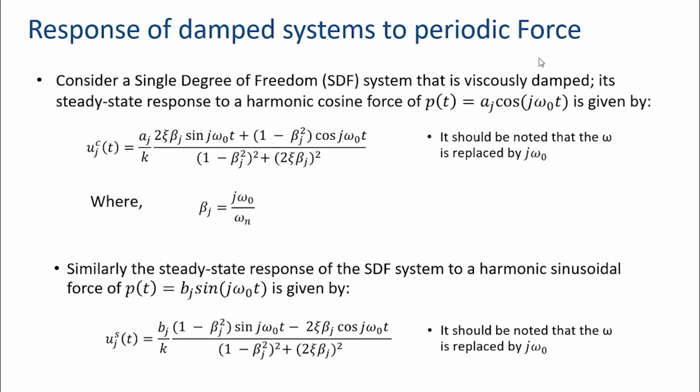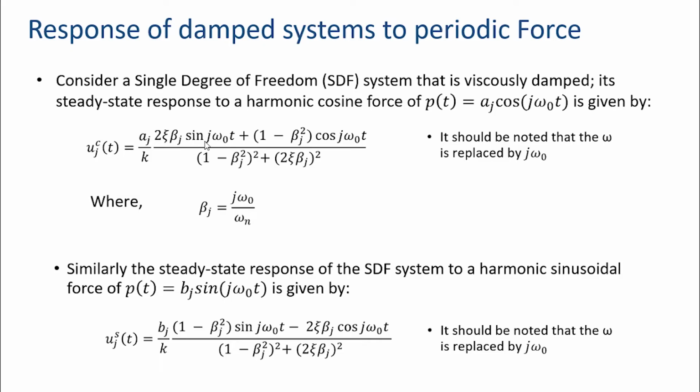The response due to this can be found out as Aj by k. That term is equivalent to P naught by k, as Aj is the amplitude of this force. So it is Aj by k, then 2 zeta beta j, where beta j is the frequency ratio of this harmonic.